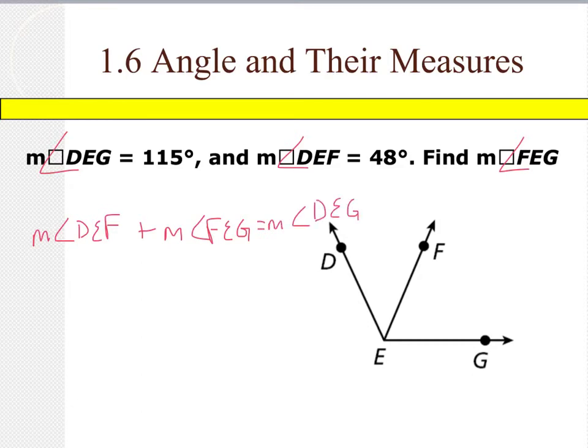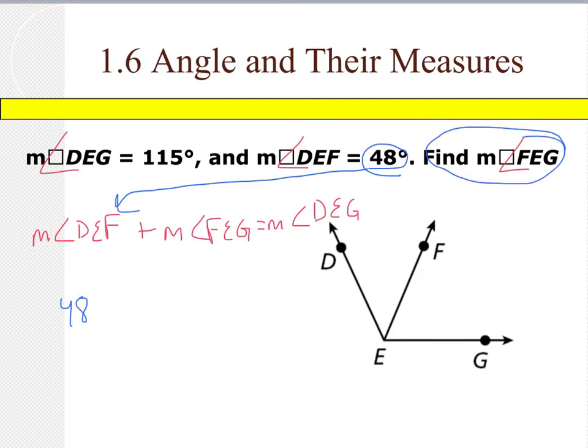All right, I'm going to plug these numbers in. What I know, DEF is 48, so I have 48. FEG, I'm trying to find FEG, so I don't know. Plus x, and DEG we know is 115 degrees.